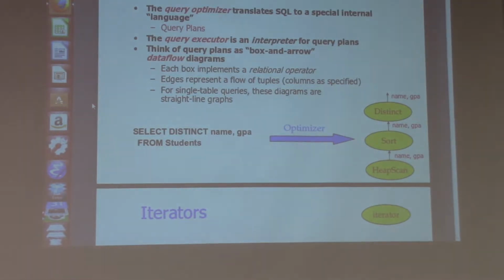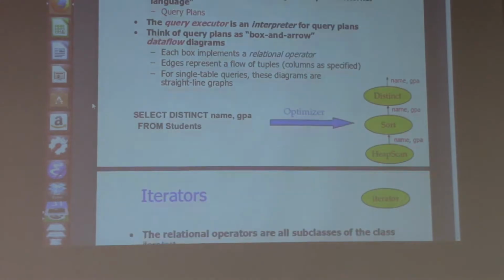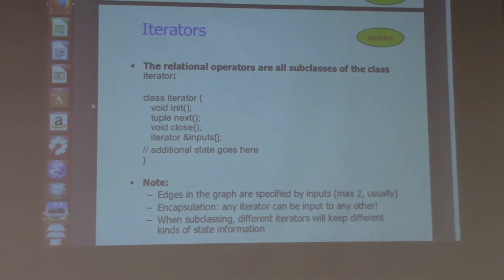Okay? So your project number 5 is to implement this iterator interface for a particular operator, which we will discuss later on. Of course, obviously not a single table operator, because that's too trivial. It will be a join operator over multiple tables.